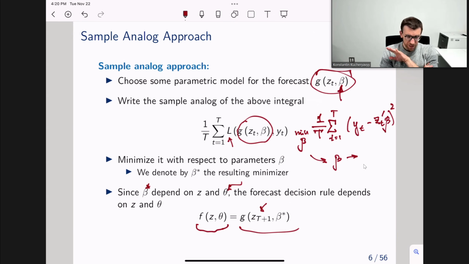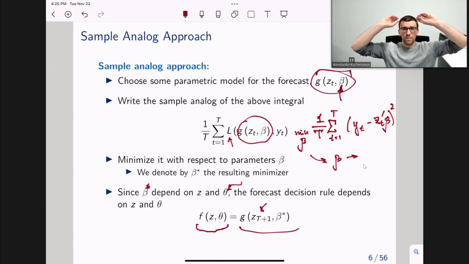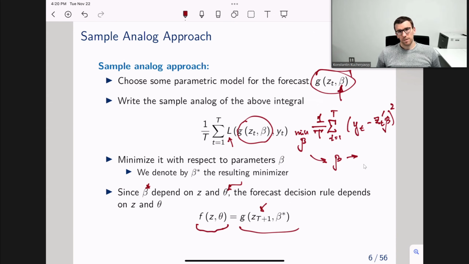Potentially we can use the sample analog approach to do model selection by dividing our set into training and test, and then evaluating the models on the train set and on the test set, and then comparing the evaluation outcomes. But this can be restrictive. Why?